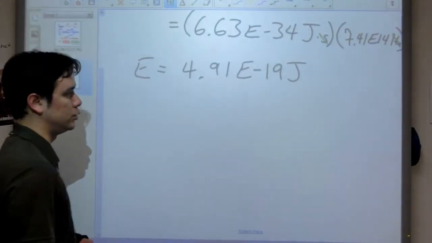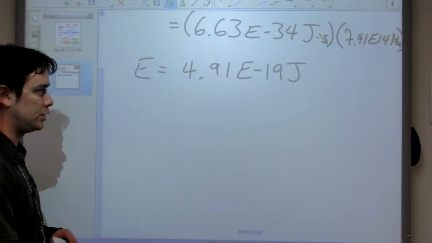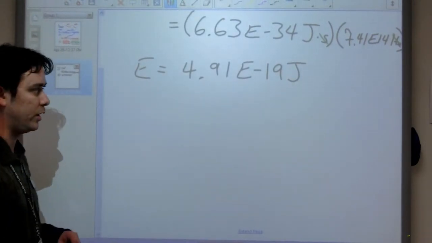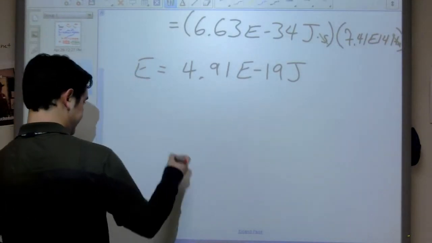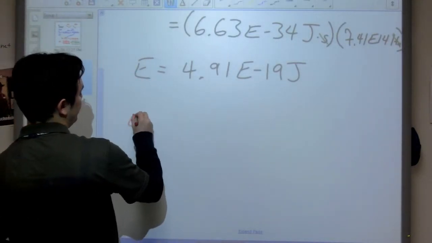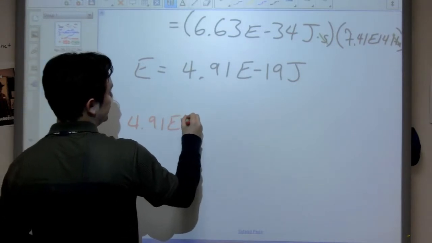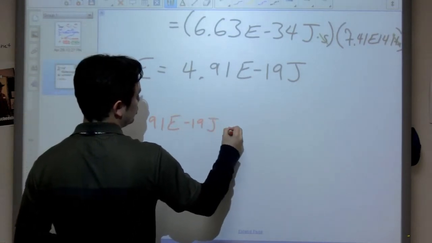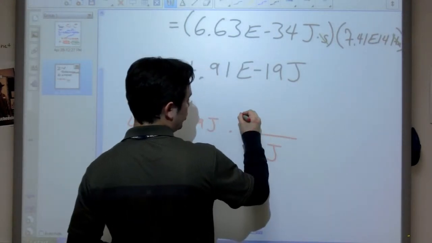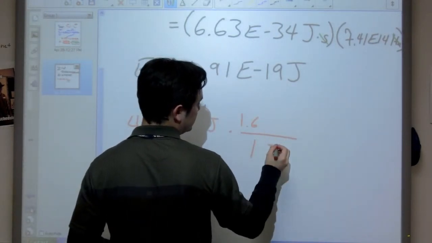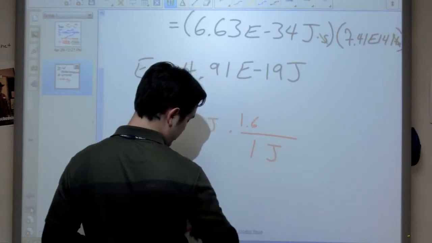I can also use my conversion, because one of the energy units that we've been using when we're dealing with very tiny energies is the electron volt. I can convert this energy, 4.91 times 10 to the negative 19th joules. Oh wait, no, I've got that reversed.